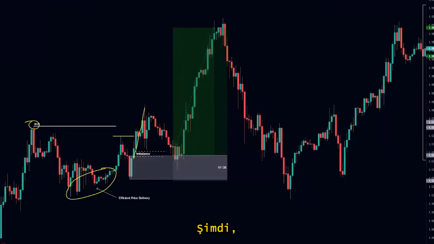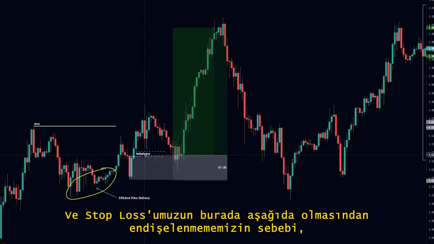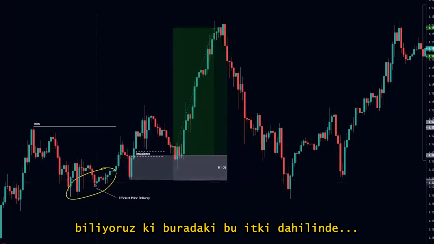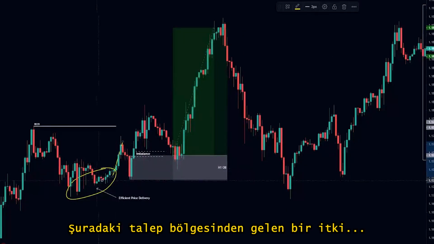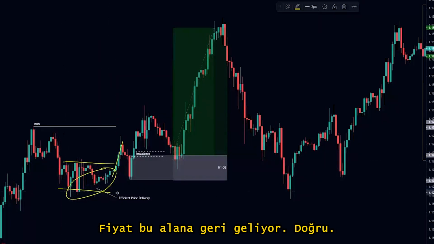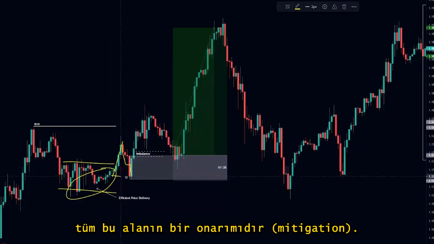Now, one thing that strengthens this order block is the fact that we have price inefficiency, imbalance over here. And the reason why we're not worried about our stop loss being below here is because we know that this impulse came from this area of demand, and price coming back to this area is a mitigation of this whole area for price to push higher.